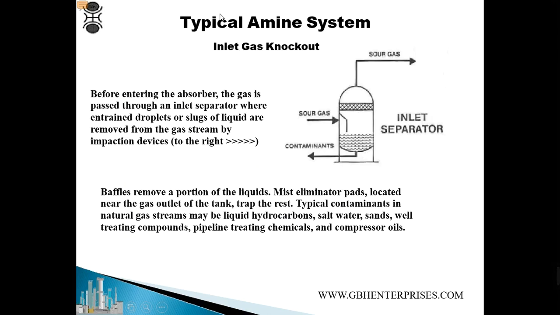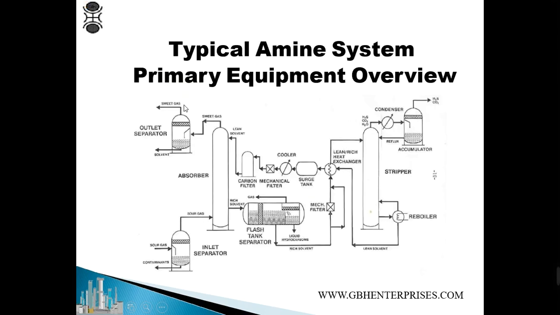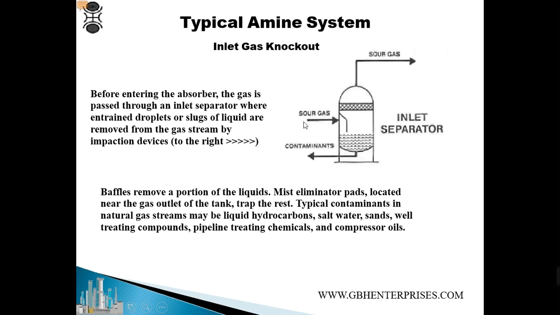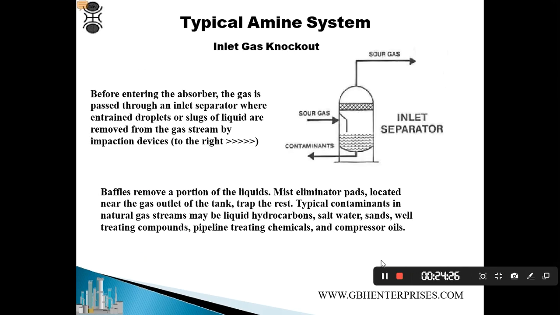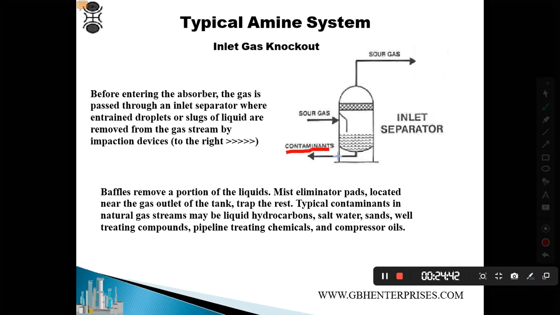So let's talk about the first one here, the inlet separator. Before entering the main absorber tower, the purpose of this inlet gas knockout drum, or inlet separator, is to remove any free water or contaminants.